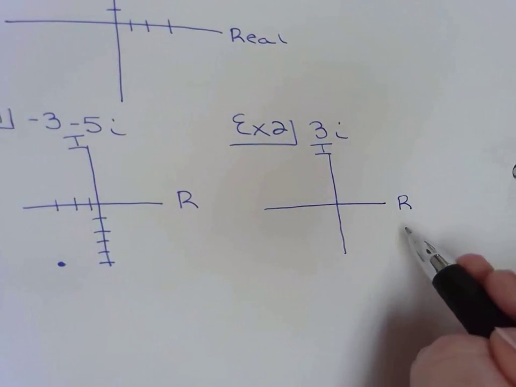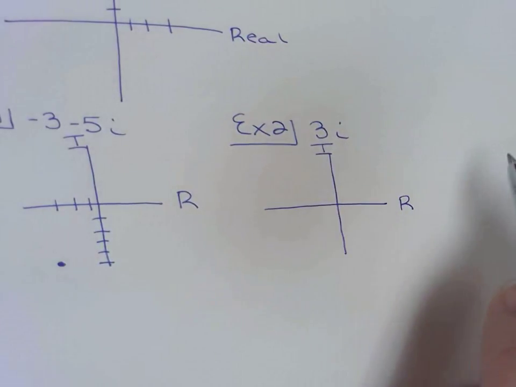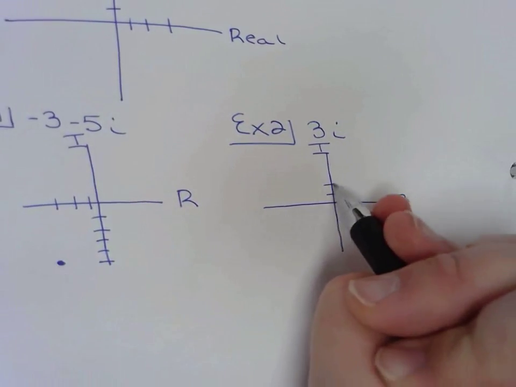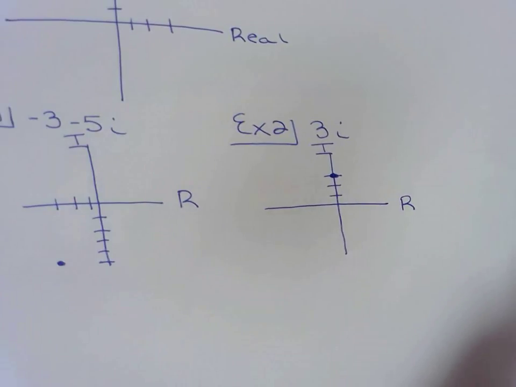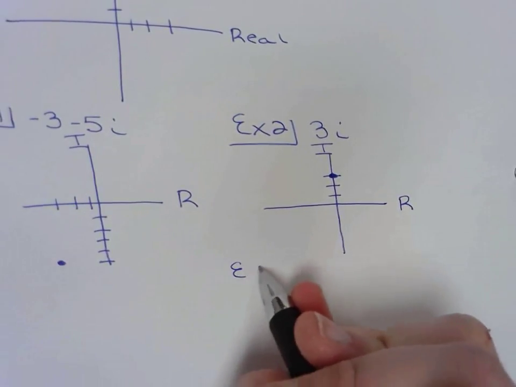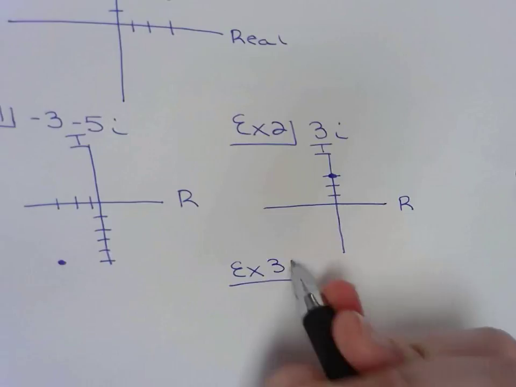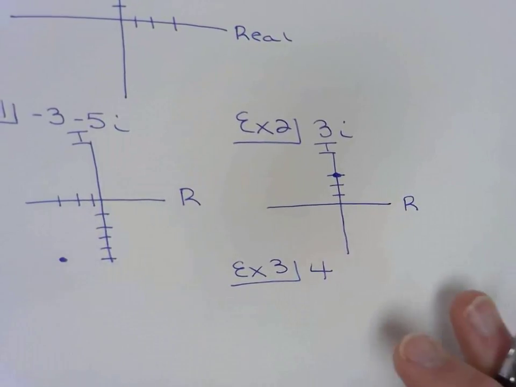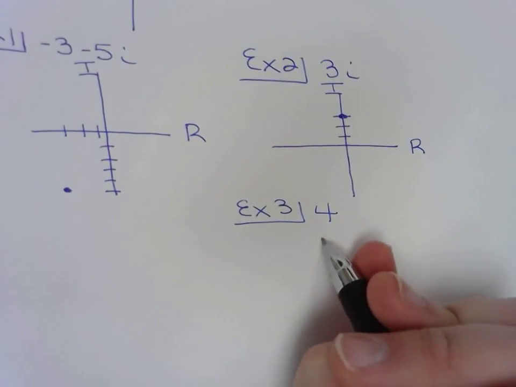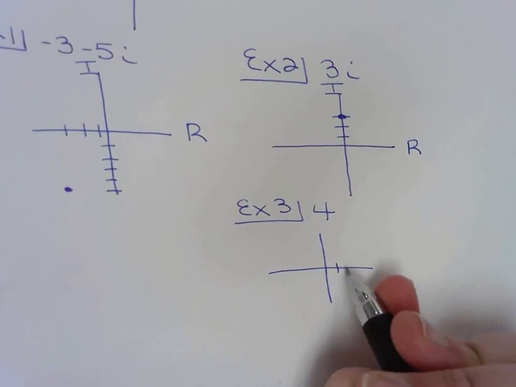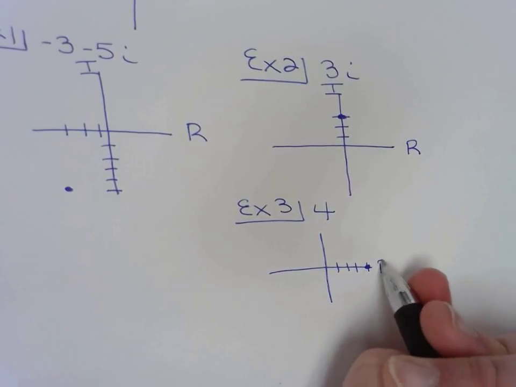So if I don't have any real part, I just have the number with the i, how would I graph it? You just go up 3. Andrea was asking, if you just had a 4 and no i part, that's just a real number 4. So you would just go right 4.